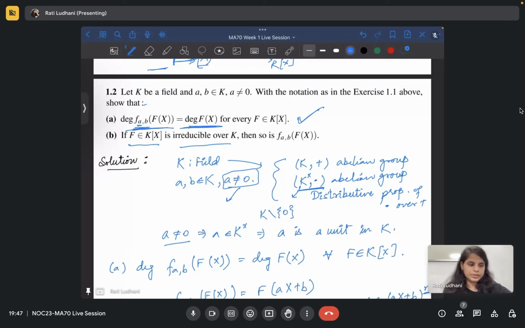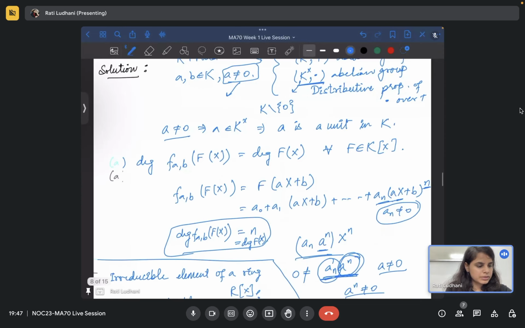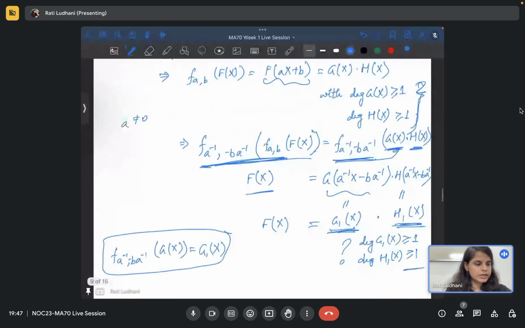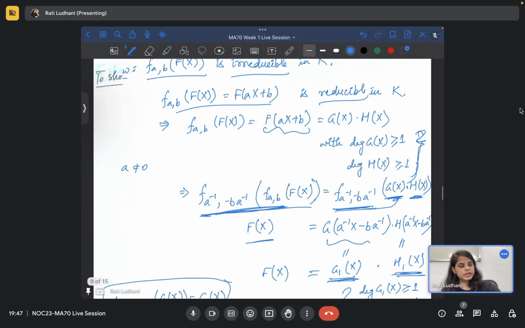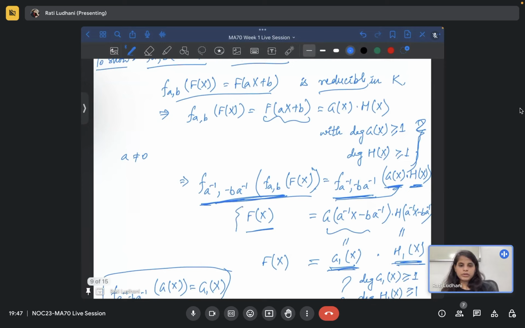Yes, ma'am. Okay, great. So you have this. Let's walk through what I did. You assume that f_{a,b}(x) is reducible, and you write it in the form g(x) into h(x), and you apply the inverse from the first question, because you know that a is non-zero, so a is a unit. When you apply the inverse, you get some equation over f(x).